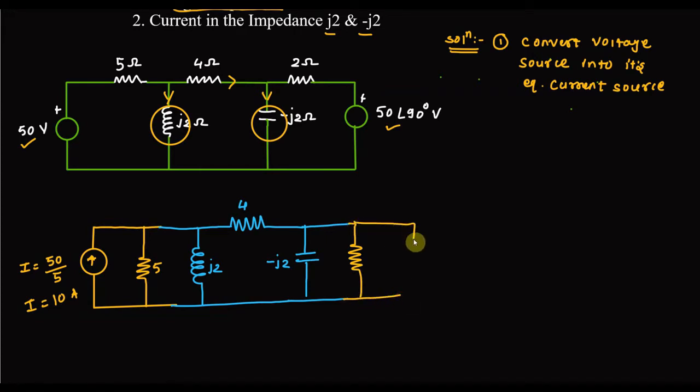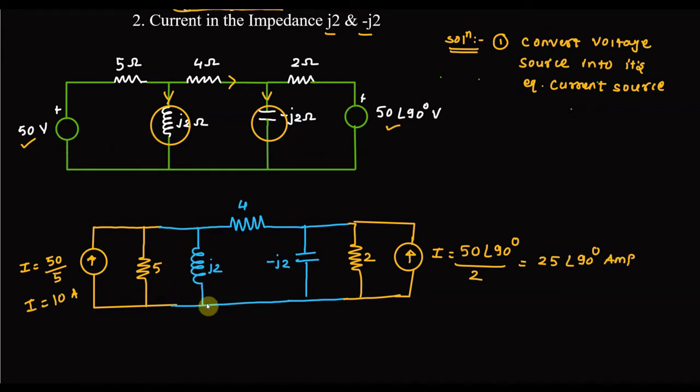Okay. So like this. So this value will be 2 and this current source value is 50 at an angle 90 degree divided by 2. So this comes out to be 25 at an angle 90 degree. Right? In the first step, we have converted both the voltage sources into current sources.